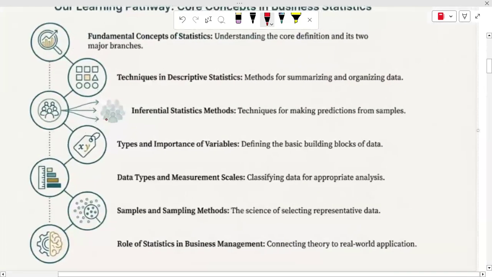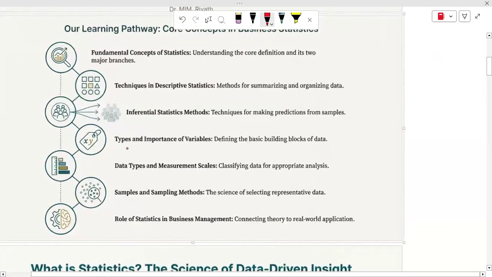What are the learning objectives of this session? Fundamental concepts of statistics, understanding core definitions and its major branches. We already discussed in the mind map the techniques in descriptive statistics and inferential statistics. So these are the two main branches of statistics.